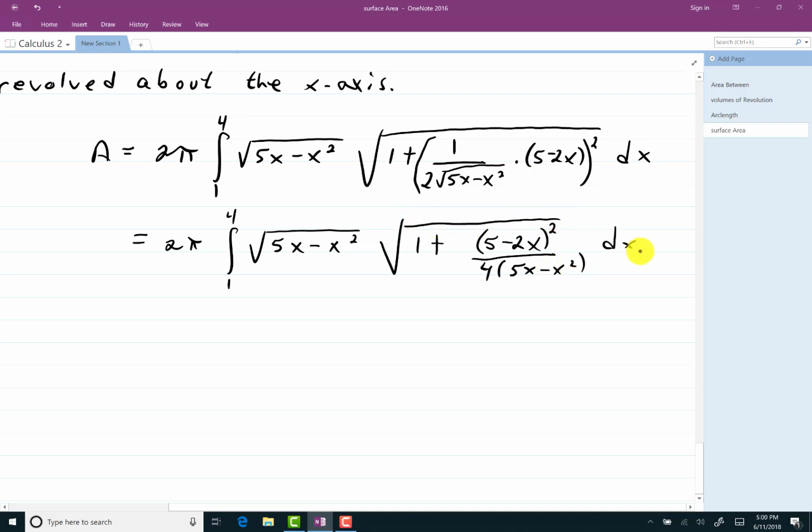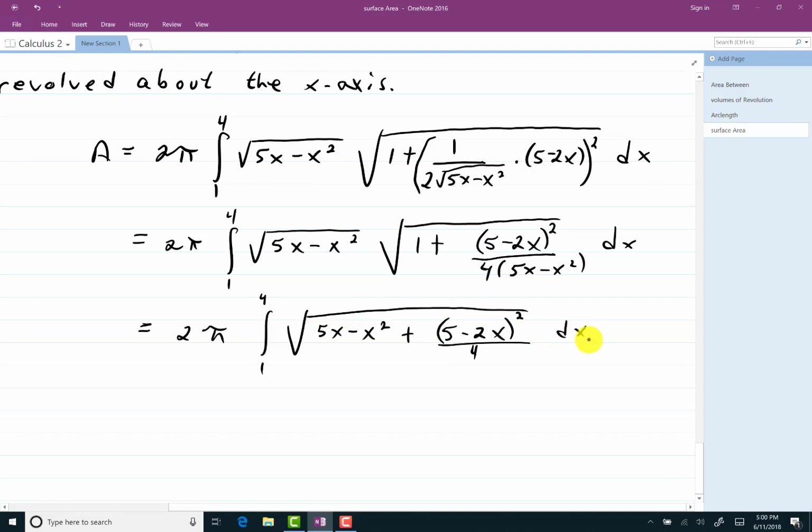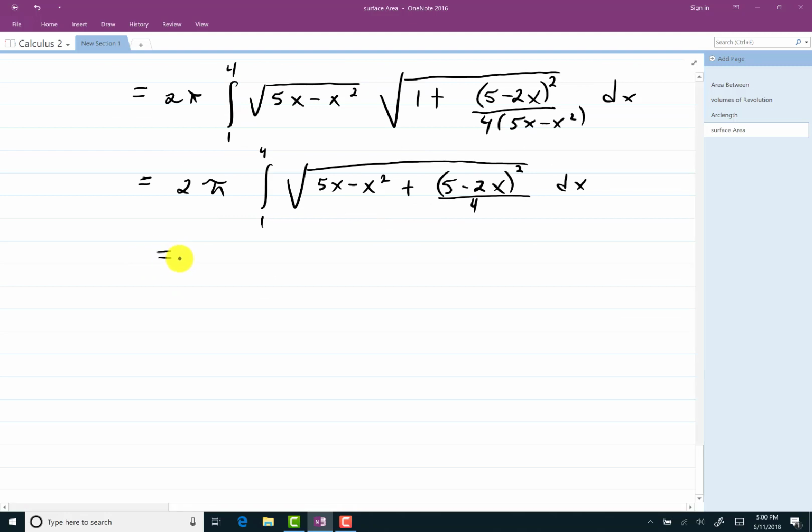Now the trick for an integral like this is to actually take this quantity here and multiply it through. So when I take this square root and I multiply it through, this piece right here will become 5x minus x squared. Then when it distributes to the second piece, it'll cancel out the denominator, and I'll end up with 5 minus 2x, the quantity squared, all over 4. In the end, you'll end up with exactly 15 pi.